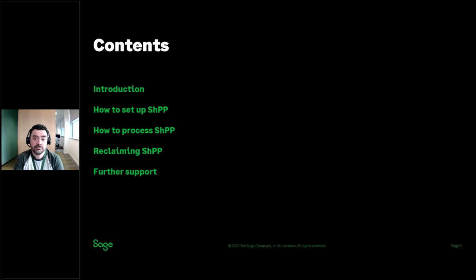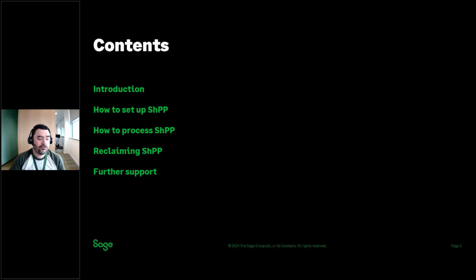So how you set this up, and it will be linked to the original statutory payment the employee qualified for, and then how to process the shared parental pay and make any adjustments to the basic pay. We'll cover reclaiming shared parental pay, which works in exactly the same way as maternity, paternity, and adoption pay. And then at the end, I'll run through some further support that's available, including upcoming webinars, our Help Centre, and Sage University.